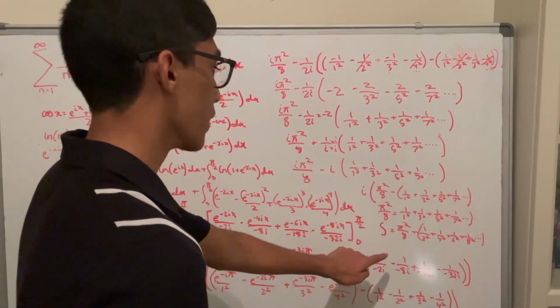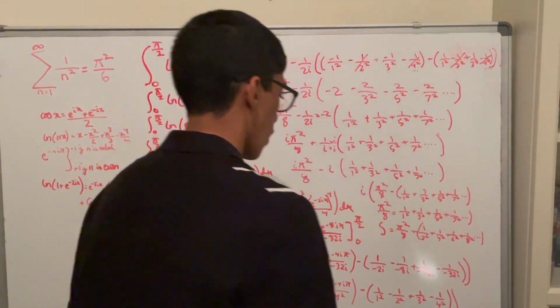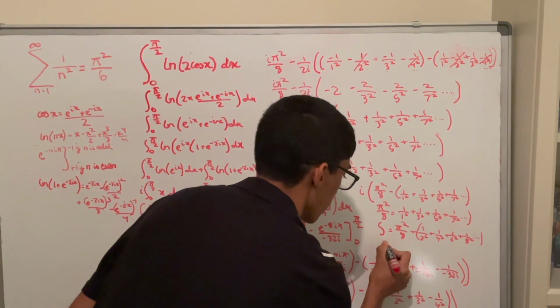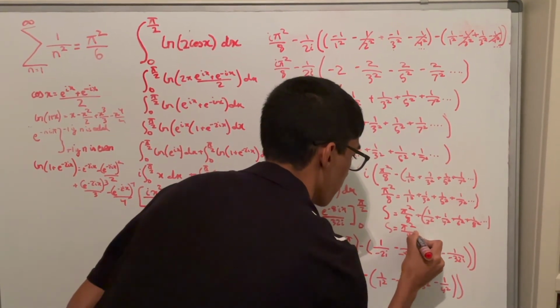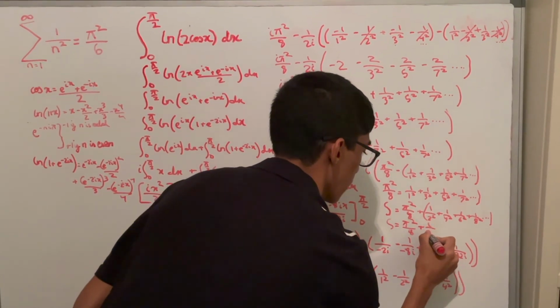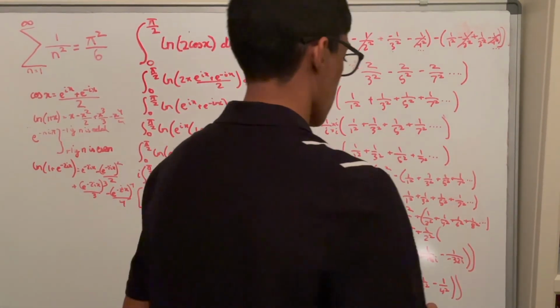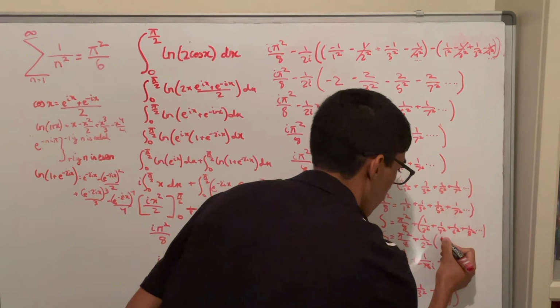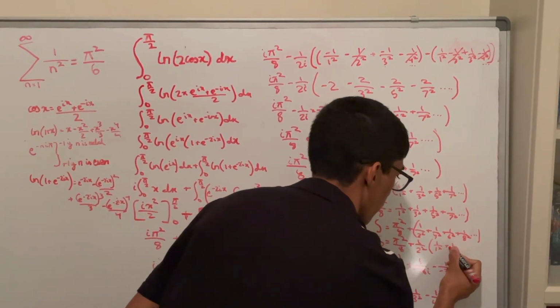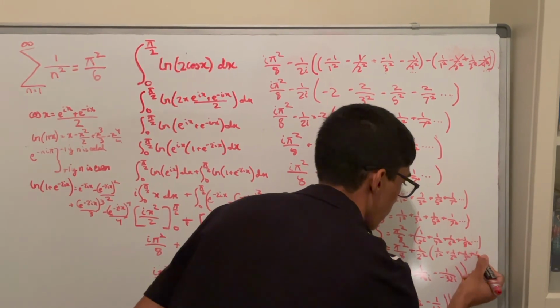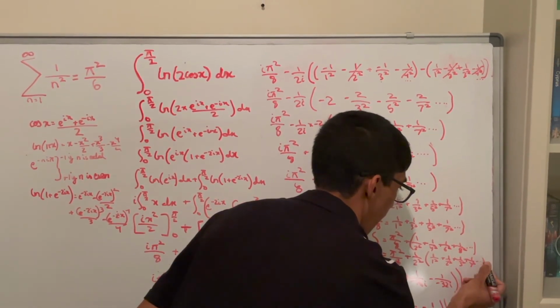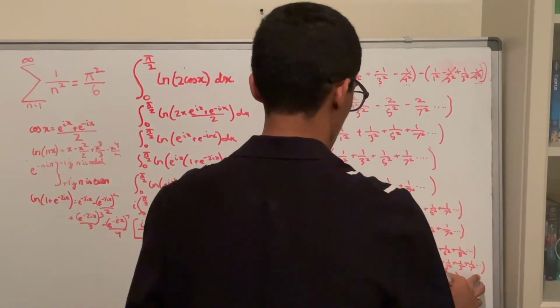And now we can take 1 over 2 squared common. So we have s is equal to pi squared over 8 plus 1 over 2 squared common, and that leaves us with 1 over 1 squared plus 1 over 2 squared plus 1 over 3 squared plus 1 over 4 squared. Now this is just s.